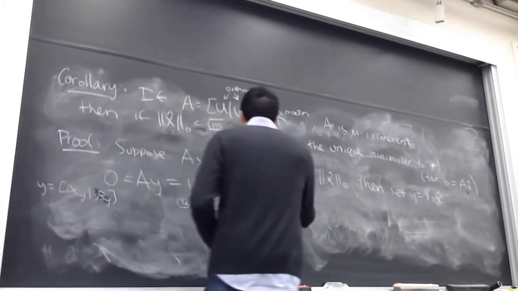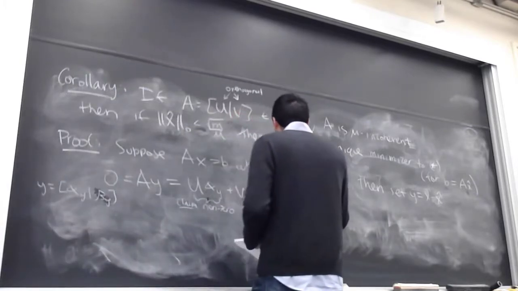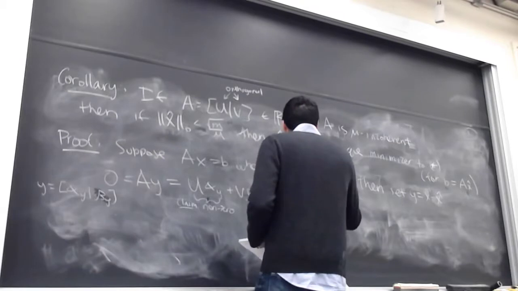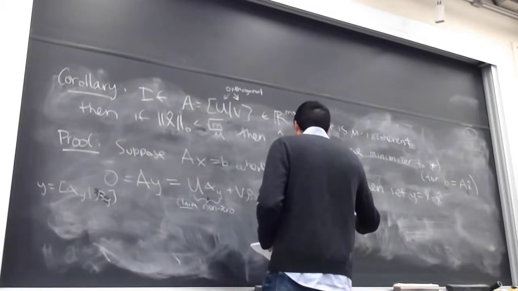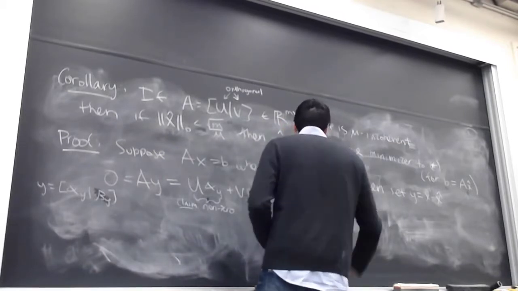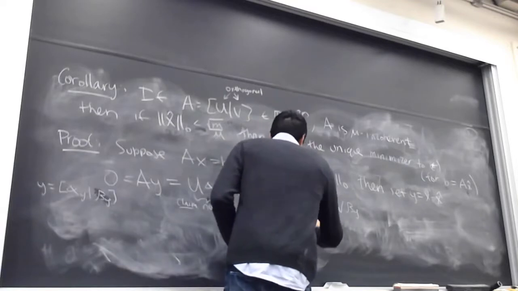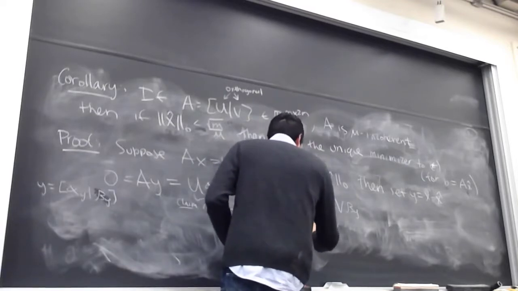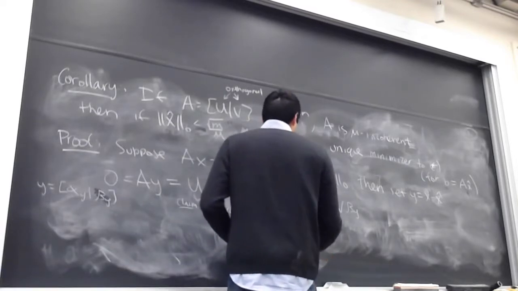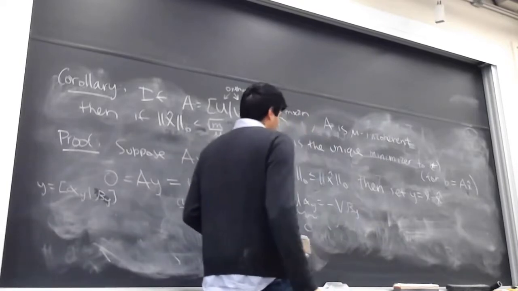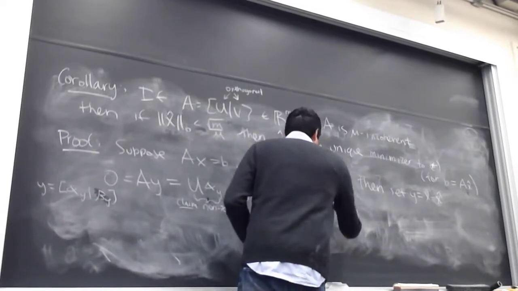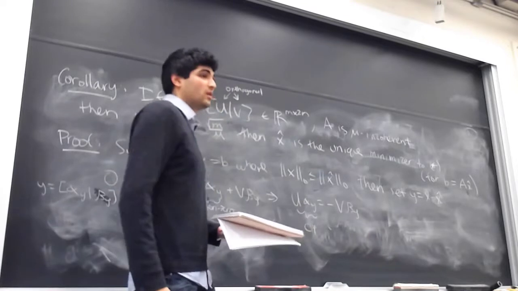And what this allows us to do is we can just take u alpha y equals minus this guy. And we can think about this as some vector c, which now we know is non-zero, and we have c on both sides.